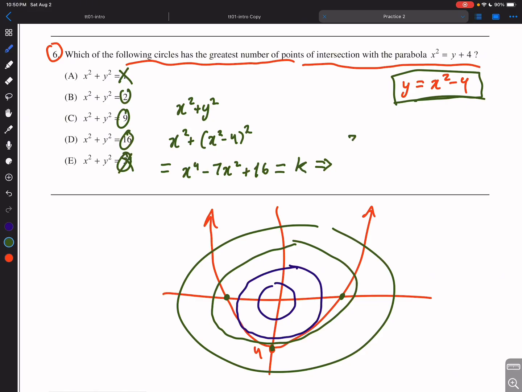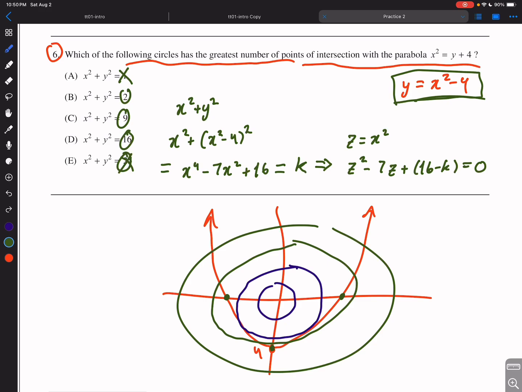Let's say that z is x squared, so that we're talking about z squared minus 7z plus 16 minus k, all solving for 0. Now, especially because of how z looks, we're going to get 2 distinct solutions for x if we can find a positive solution for z. So we want, in fact, two positive solutions for z.